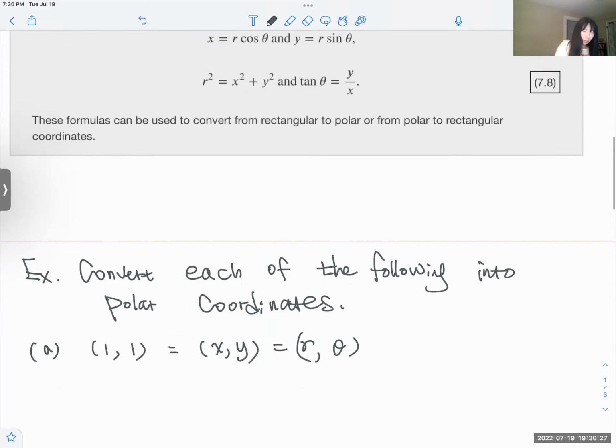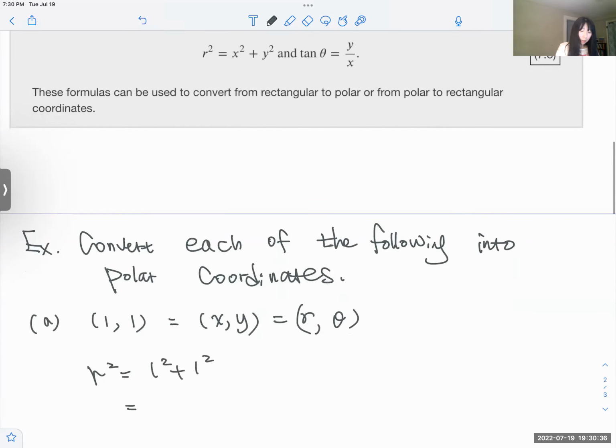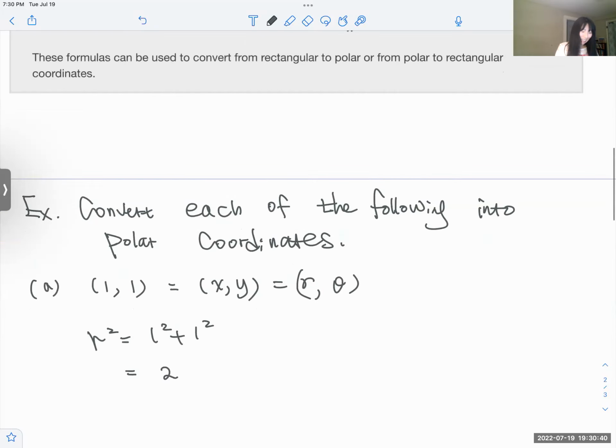So 1 squared plus 1 squared is 2. R is equal to, since it's a radius, we take just the positive, square root of 2.